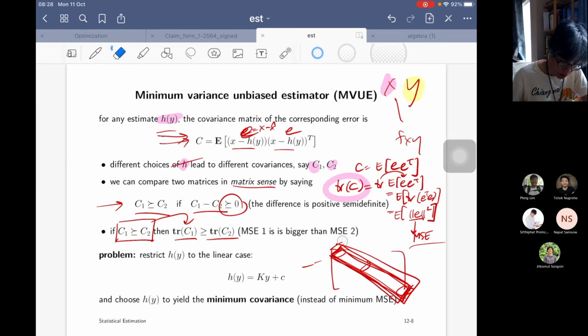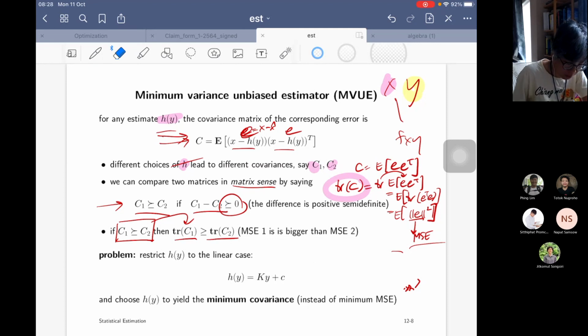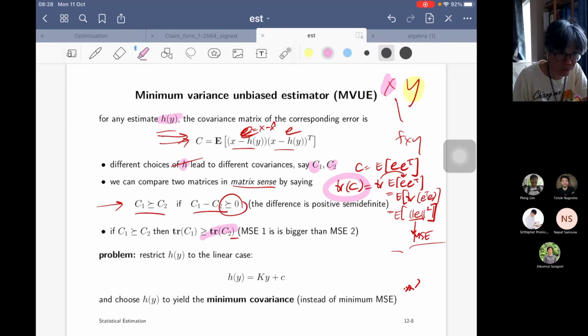So you would expect that if you find an estimator that has the minimum covariance, you would get the minimum MSE as well. Now we're going to see how it turns out.